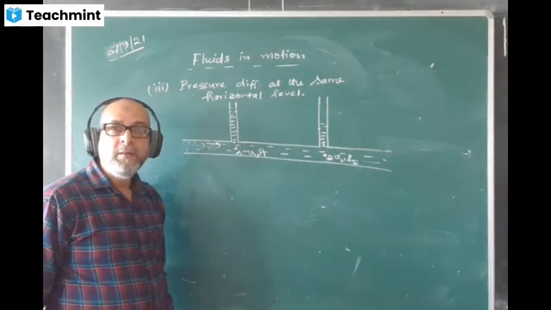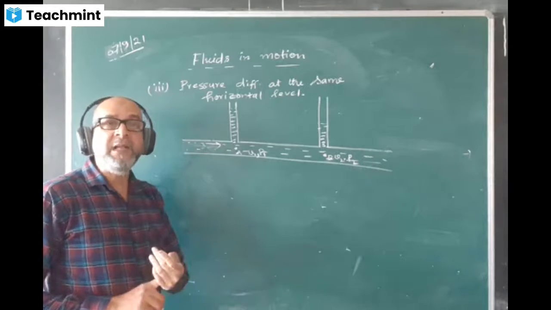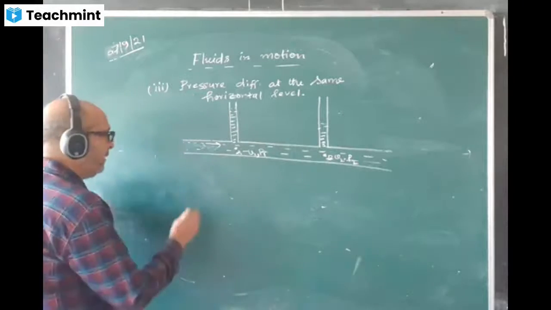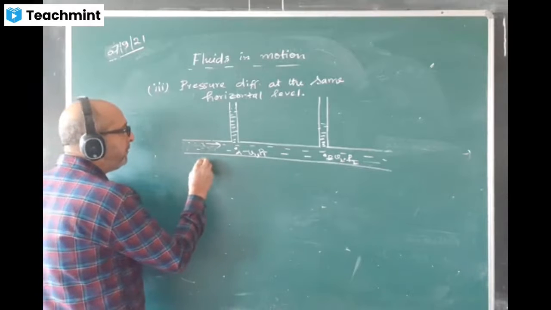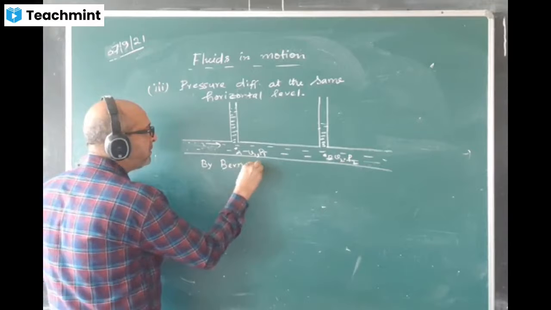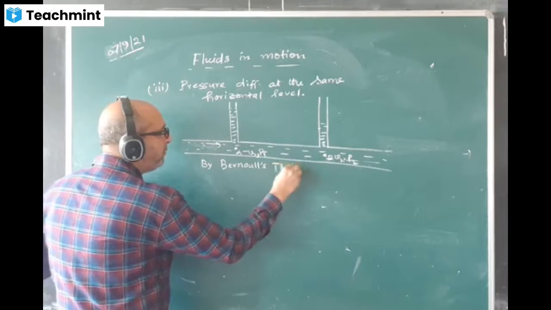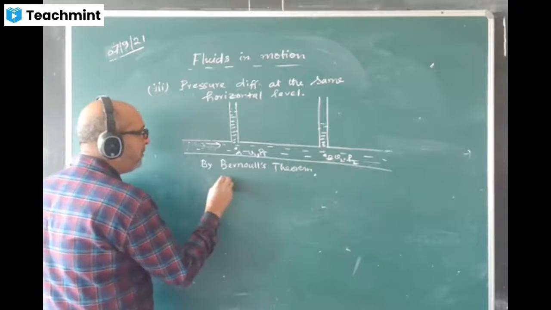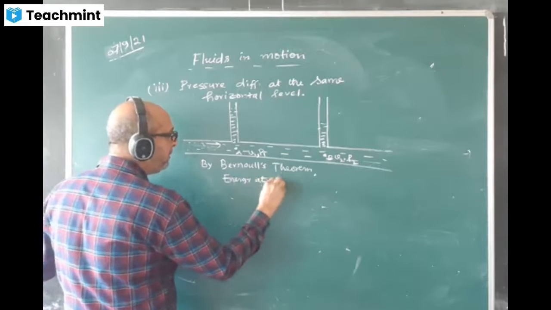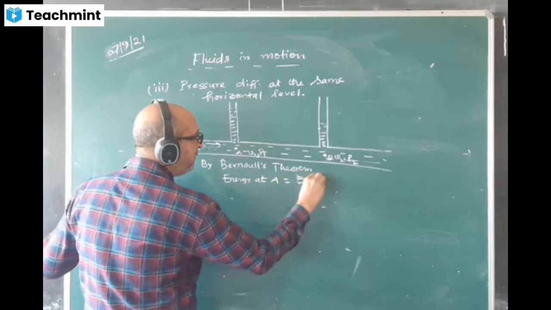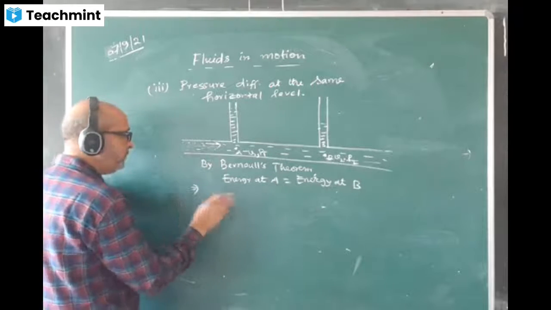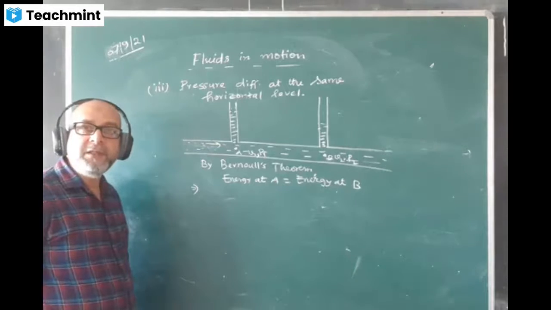Now I'll find the expression for P1 minus P2, the pressure difference. By Bernoulli's theorem, the energy at A equals the energy at B. What are the energies at the point?